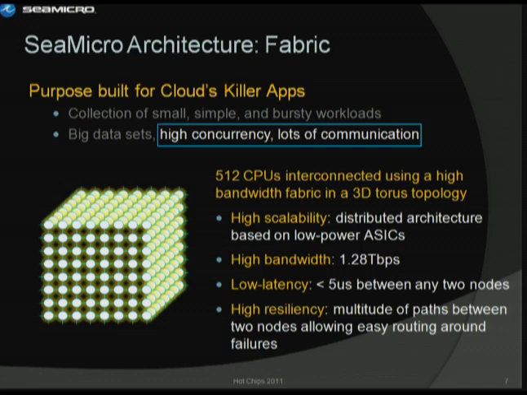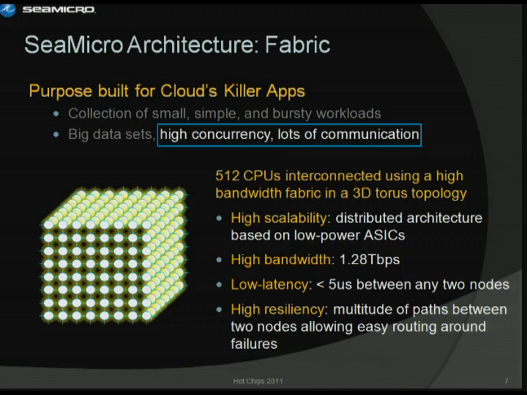So next aspect of internet apps is the high level of concurrency and communication. To address that, we took 512 of these CPUs and interconnected them using a 3D torus fabric. Our fabric is highly scalable because it's based on a distributed architecture using our proprietary ASICs.